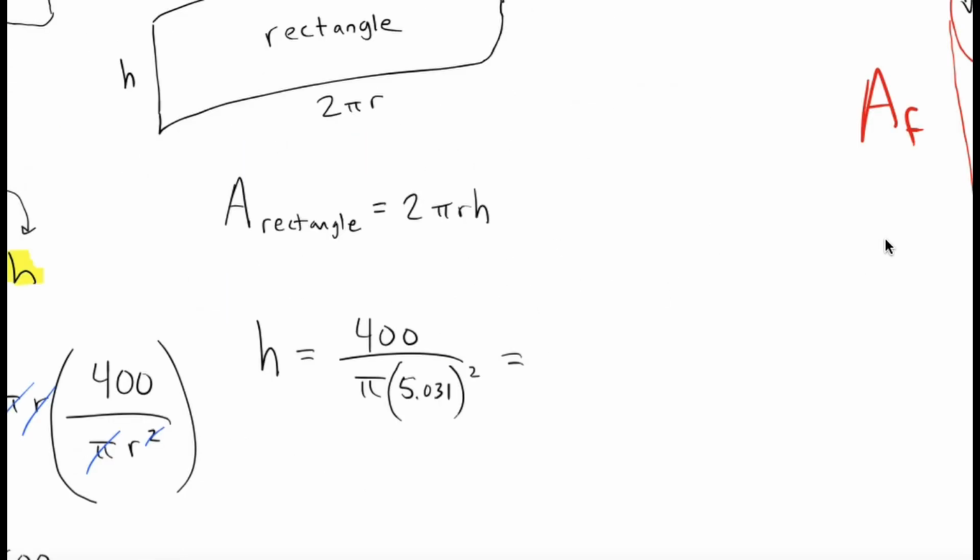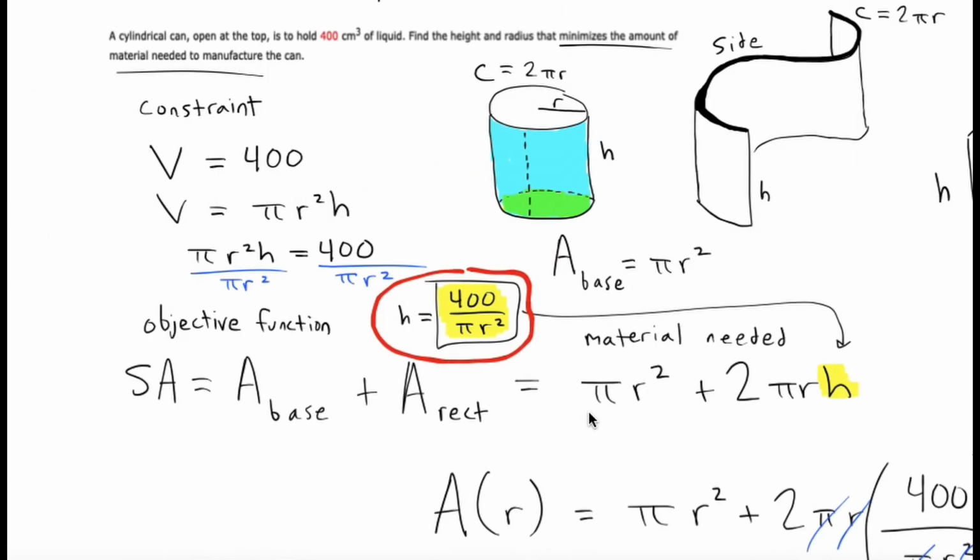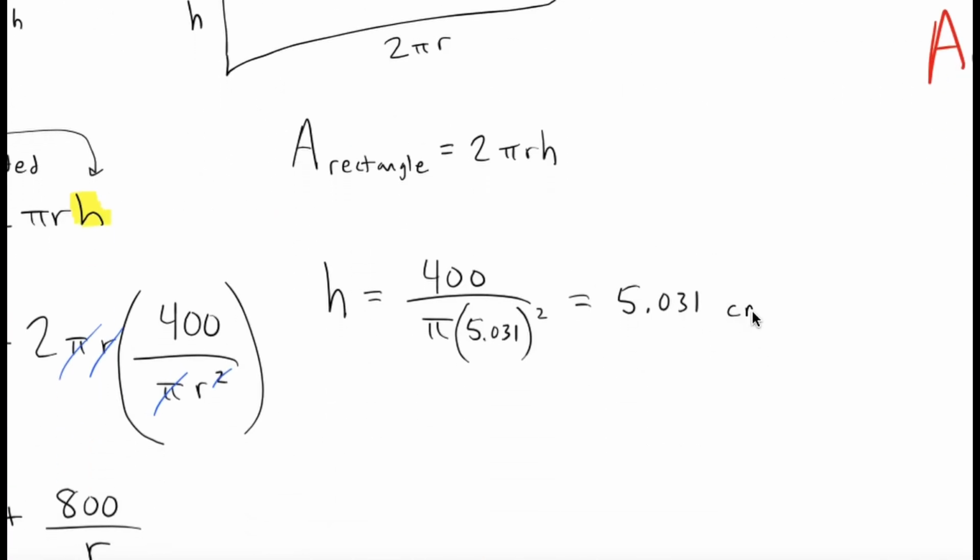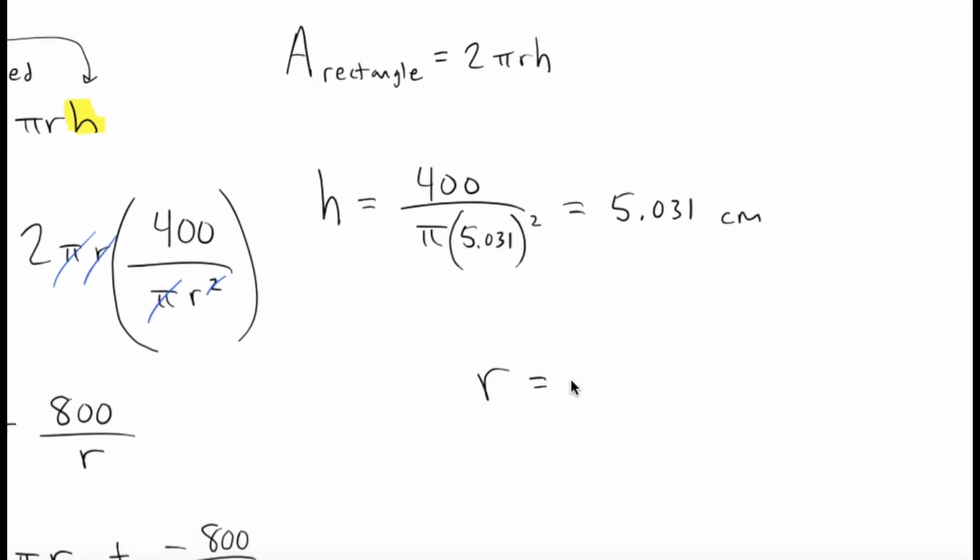And you get that the height and the radius actually need to be the same. So final answer, radius is 5.031 centimeters approximately, and the height is approximately the same.